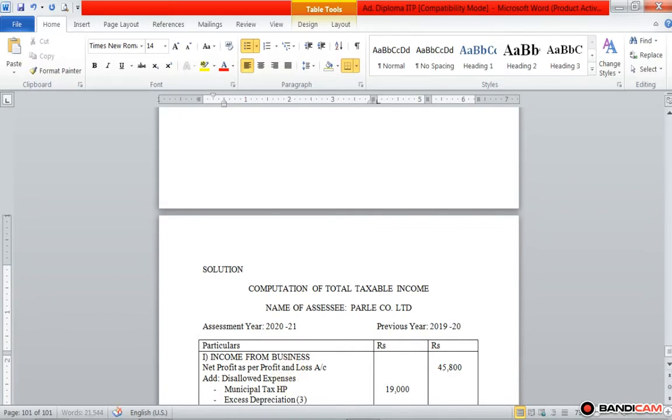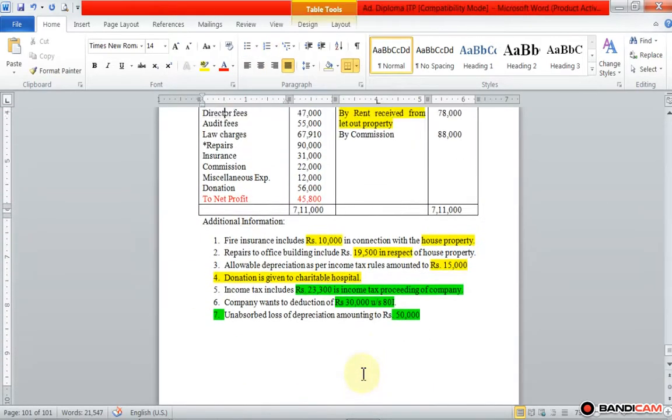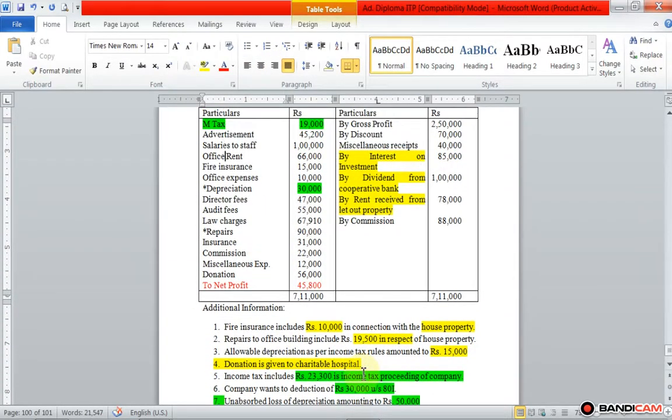How do we compute it? Depreciation charged on the debit side is rupees 30,000 minus allowable depreciation 15,000, so the remaining 15,000 is disallowed. Then repairs: repairs include rupees 19,500 for repairs of house property.